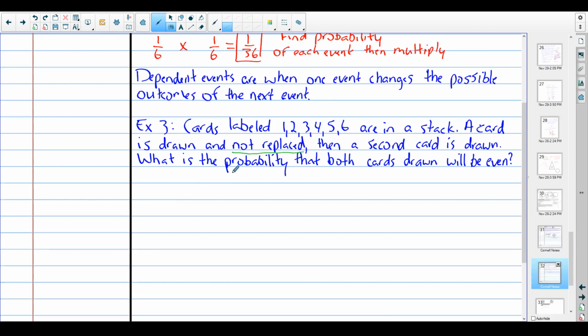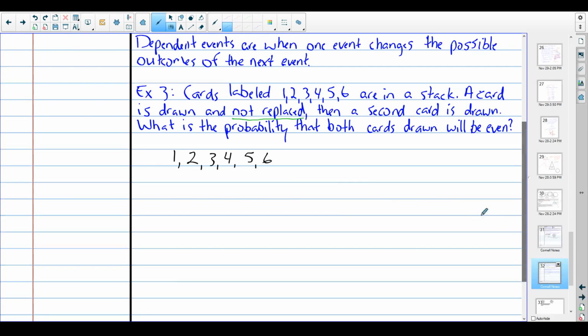Alright. So our sample space here, we have 6 cards, so the possible outcomes are 1, 2, 3, 4, 5, 6. So we say, what is the probability of getting even, and then another even.